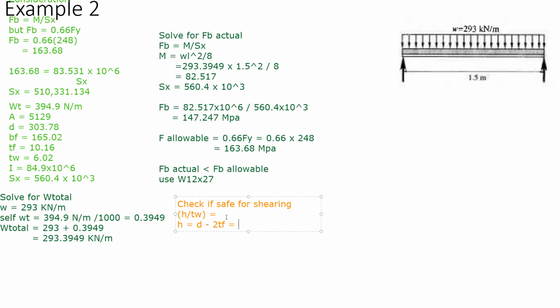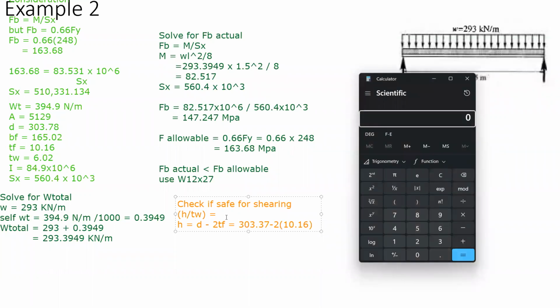So this is 303.78 minus 2 times 10.16. That is 283.46.